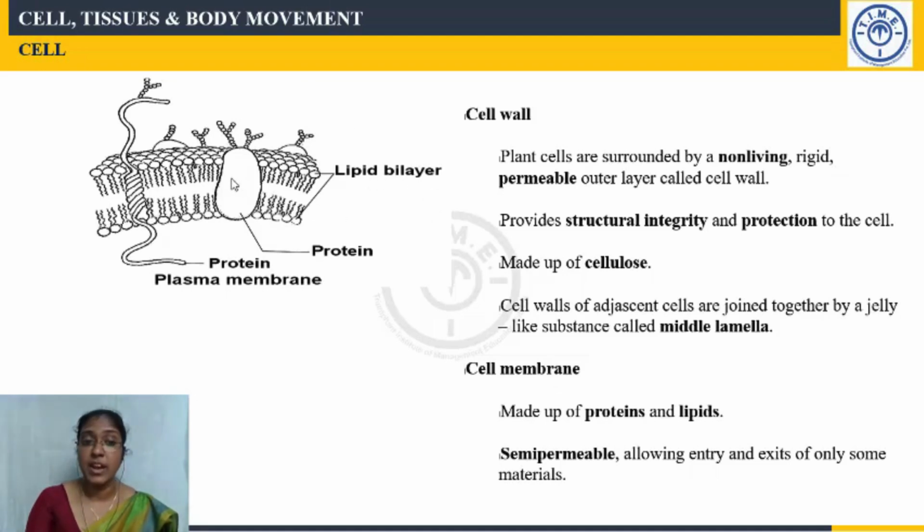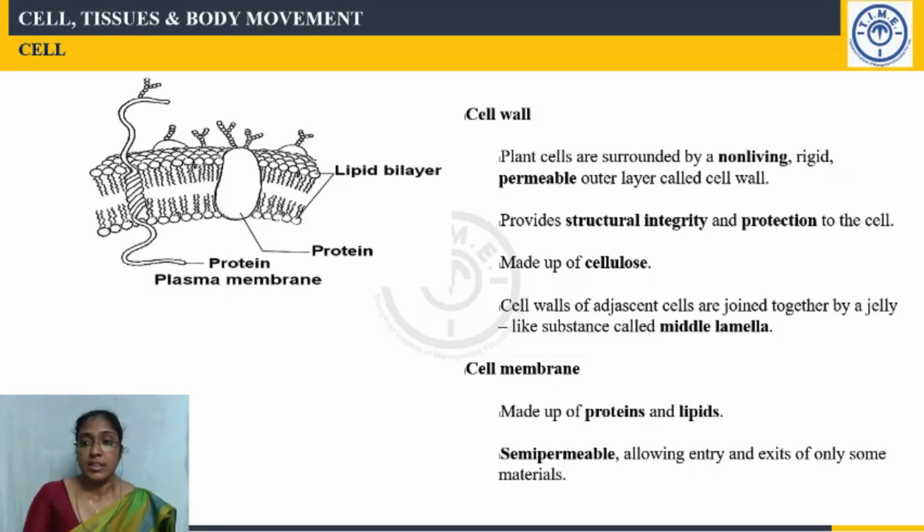In between the lipid layers you can see some proteins, that is integral, membrane-bound proteins, and this is another shape of protein. The shape of the proteins may vary. So this is the structure of the cell membrane. They are made of proteins, and proteins are of different kinds, and they also have a lipid bilayer.